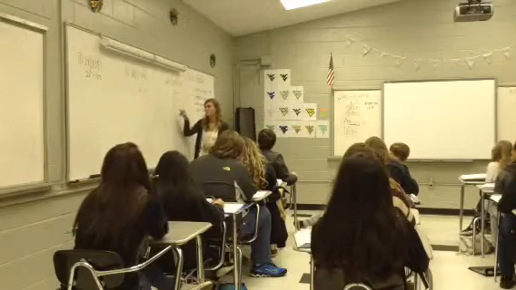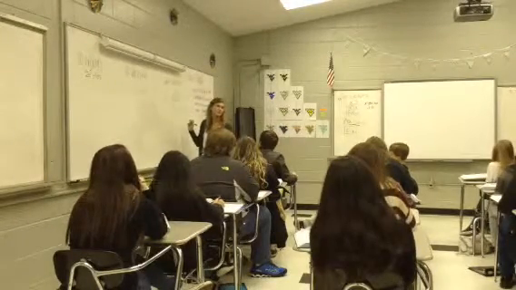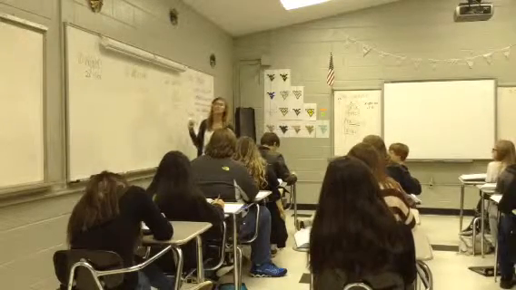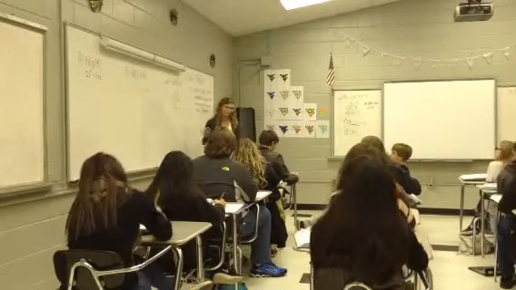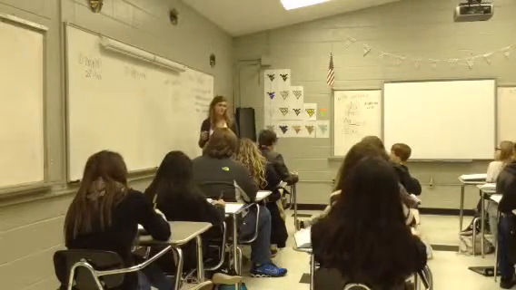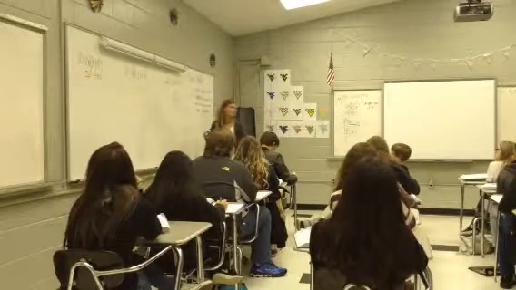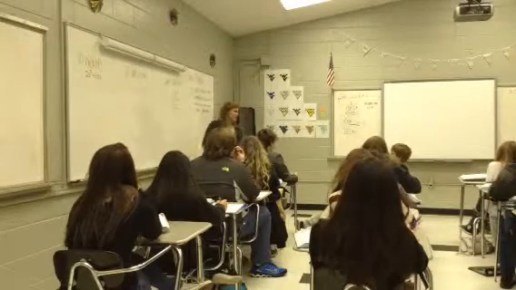Okay. What should I put in this one, Brianna? Negative 8x. Negative 8x. Nod your head if you agree with her. Okay, and Mark, what should be in the last box? If I'm doing those Punnett squares, what was in that last box up there?